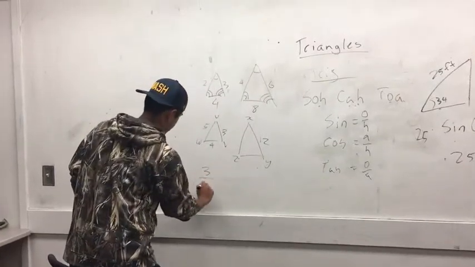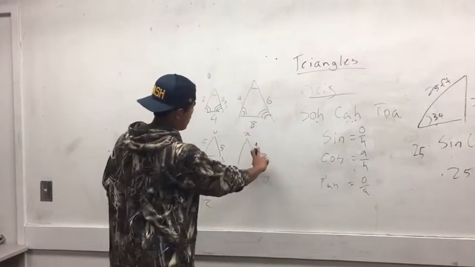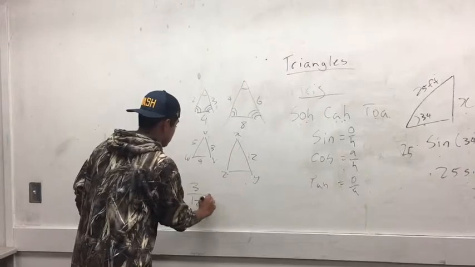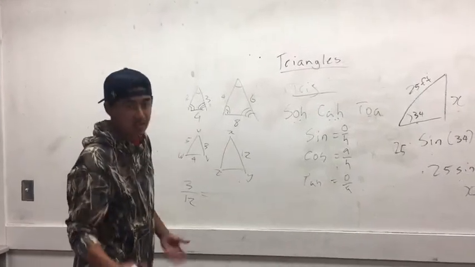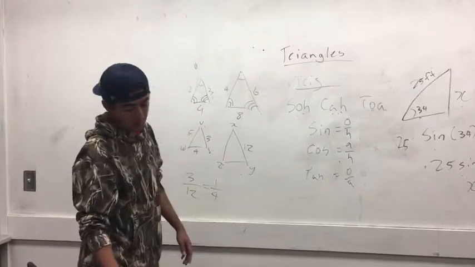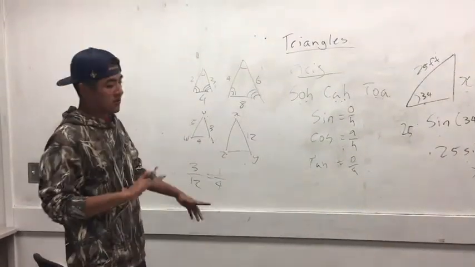So it's 3 over 12 because UV is the corresponding side to XY. Okay, so now this gives us the scale factor of 1 over 4. So once we have this proportion, very simple.